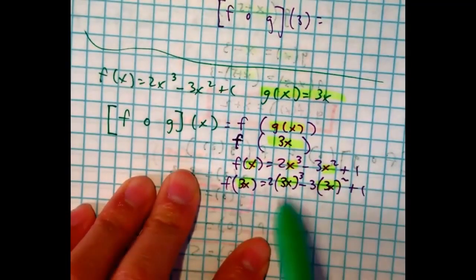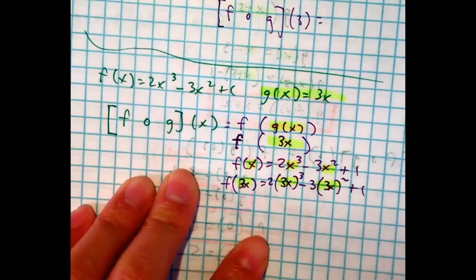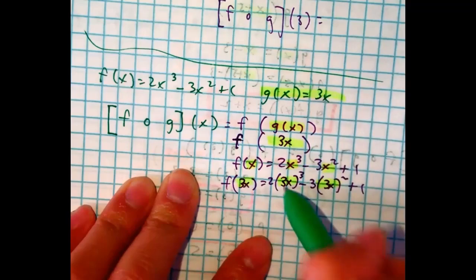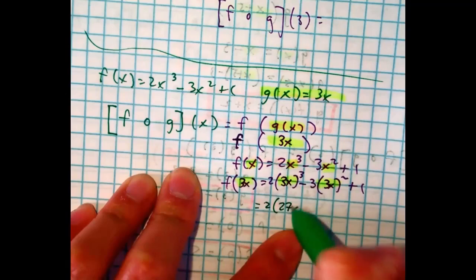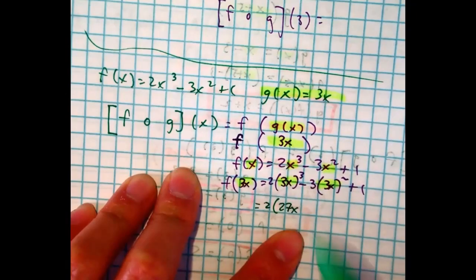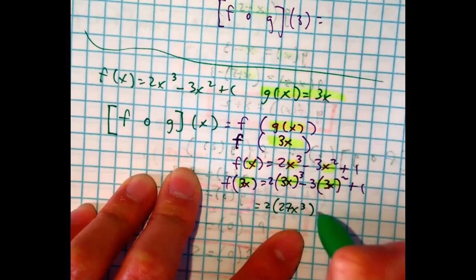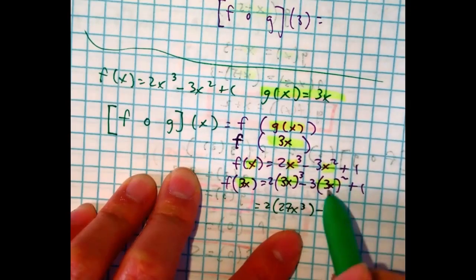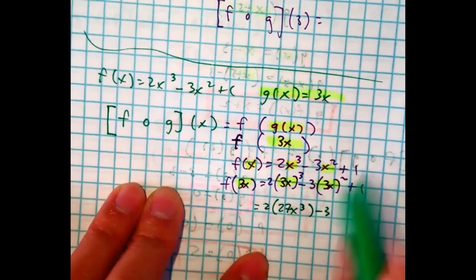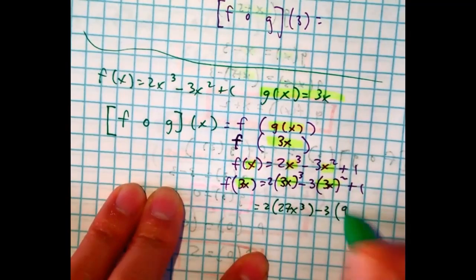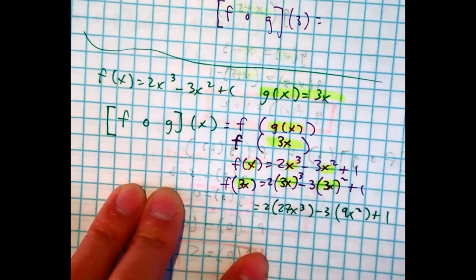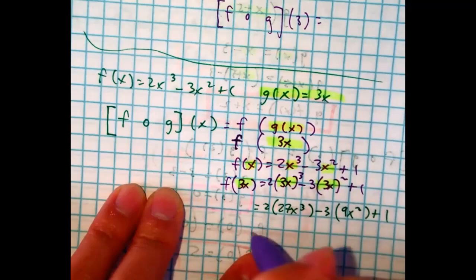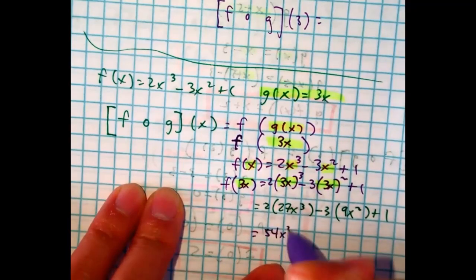Be careful. Times 2 are exponents. Exponents by PEMDAS. 3x times 3x times 3x is 27x cubed. 3x times 3x is 9x squared plus 1. 2 times 27x cubed, 54x cubed.